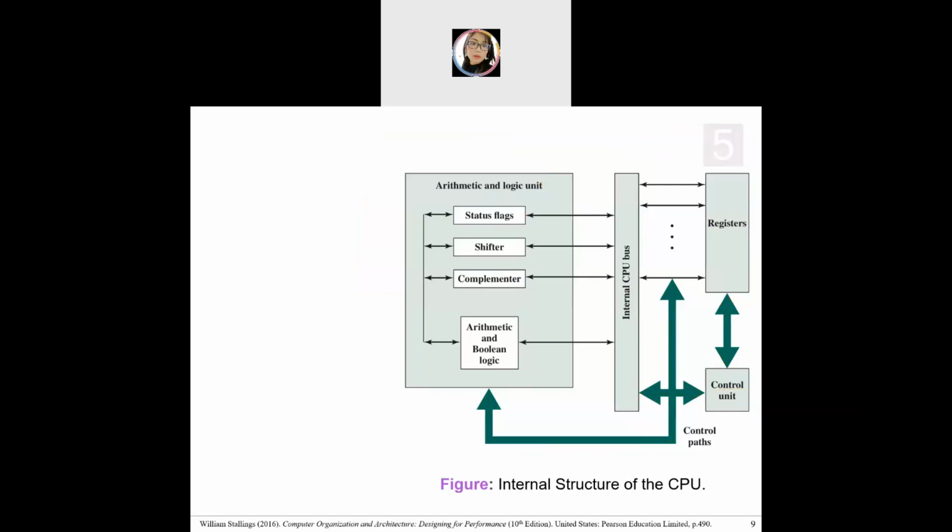So this one we call the control part. It will control when you want to communicate between ALU and register, between register and control unit, and between control unit and your ALU.